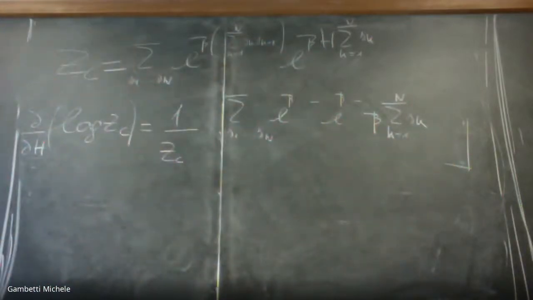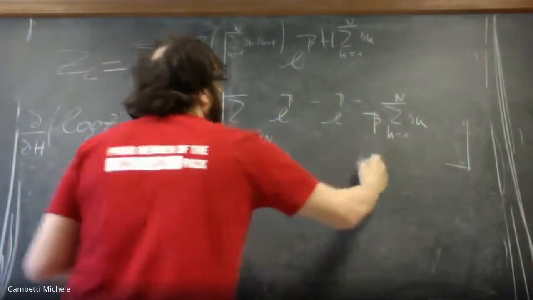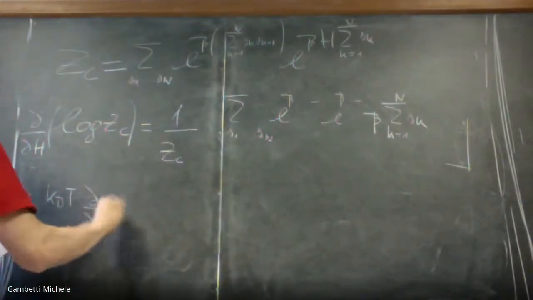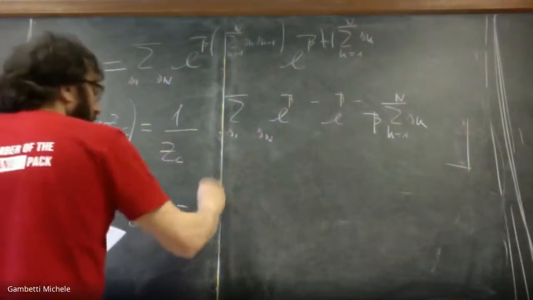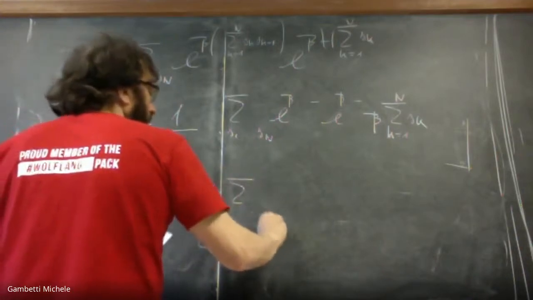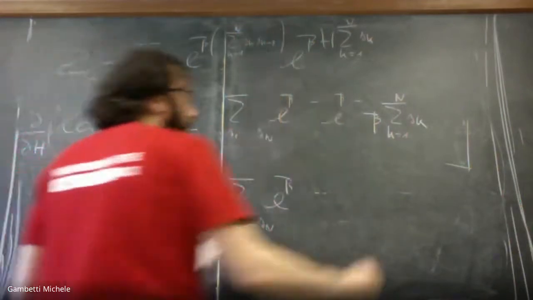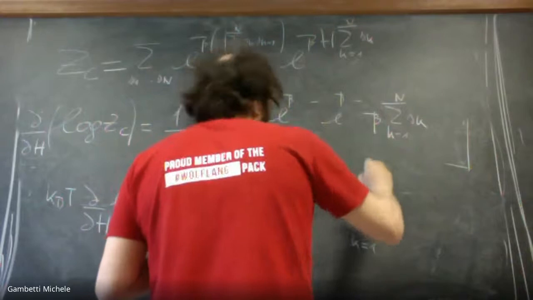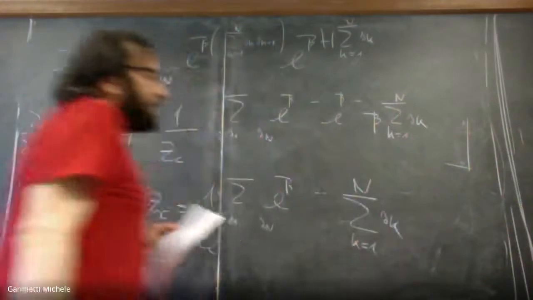Okay? And of course, now you put this beta, which is 1 divided by kBT, you put it there, and you see that kBT times the derivative with respect to h of the log of the canonical partition function is 1 divided by Z_C, the sum over s_1 to s_n, e to the beta, all these terms, the Hamiltonian basically, times the observable for which you want to compute the ensemble average.